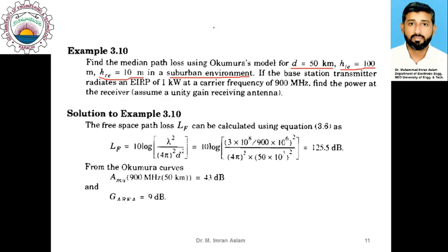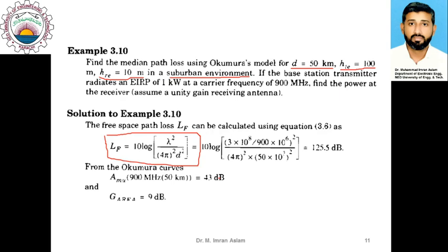As I discussed, the first thing that you need to calculate is the free space path loss which occurs with this particular type of environment. If you recall, the free space path loss formula is given by this expression. This we have discussed when we were discussing the free space path loss. Alternatively, you can directly use the free space path loss formula in decibels.